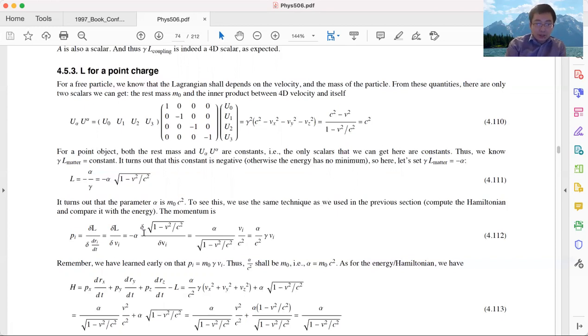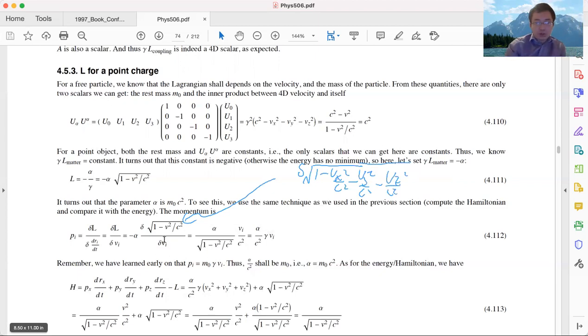The Lagrangian we know is minus alpha times this factor, and the velocity is here. We just need to take a variation of this function with respect to v. This is a standard derivative. The top part is the variation of the square root of 1 minus vx squared over c squared minus vy squared over c squared minus vz squared over c squared.